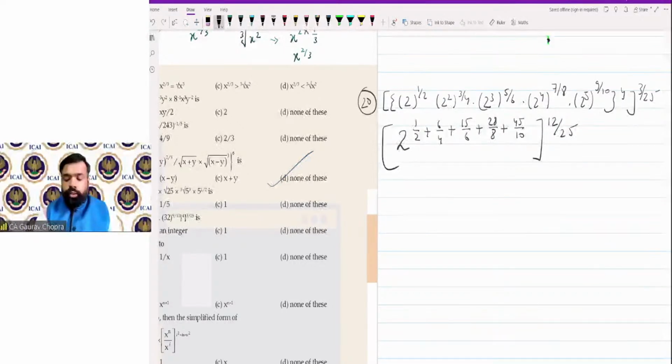So what will be the LCM? You can check 2, 4, 6, 8, and 10 and find the LCM. So it is multiple of 10, multiple of 8, and it should also be multiple of 6. You can easily find it out, the LCM, and let me know.